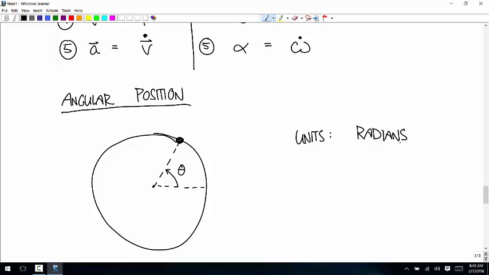Does that mean that you have to have your calculators in radians? In this class, you are not going to have your calculators in radians, because we're not going to use sine and cosine of radian values.